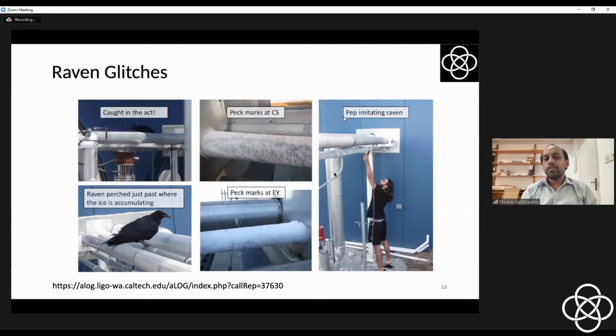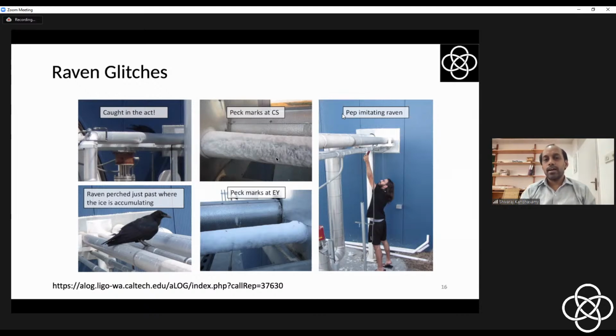Here the liquid nitrogen tank is outside, and we send the liquid nitrogen through pipes. Because of the cold nature of the liquid nitrogen, moisture forms around the tubes, and sometimes it becomes ice. In summer days, at least at the Hanford site, it becomes very hot. So nearby birds come and sit and try to eat this ice.